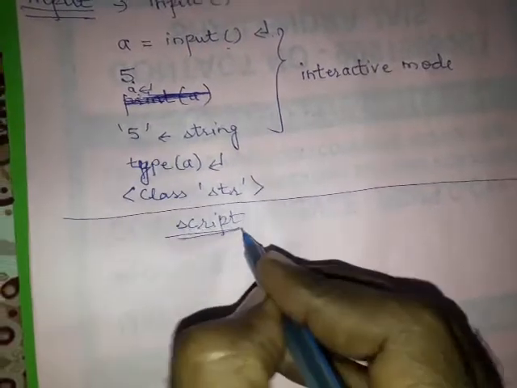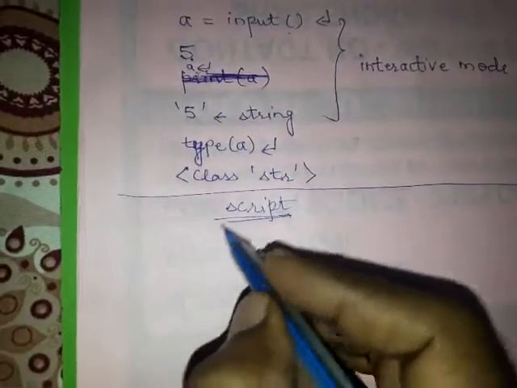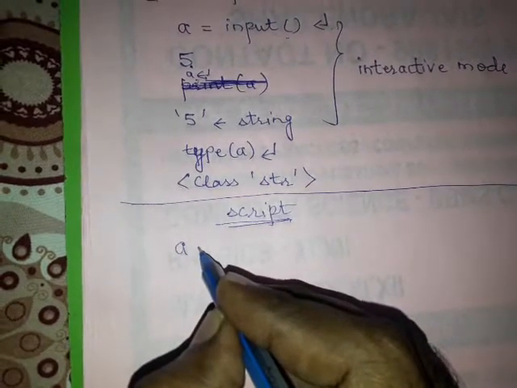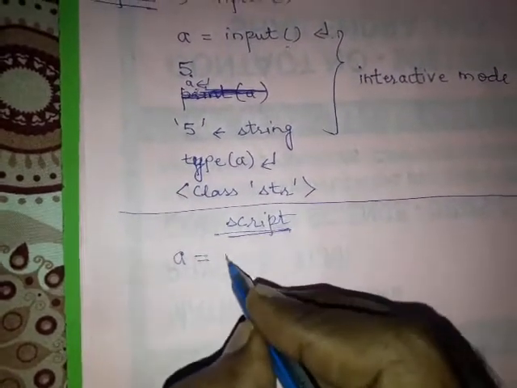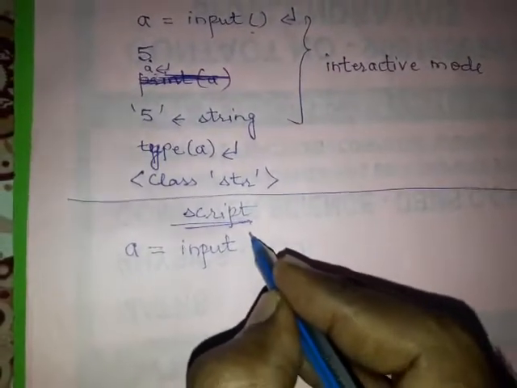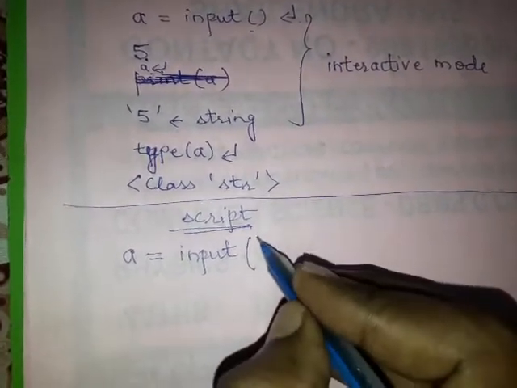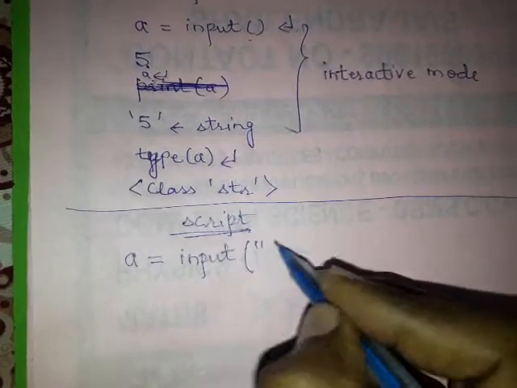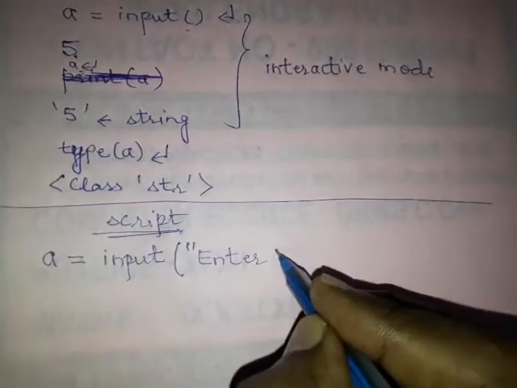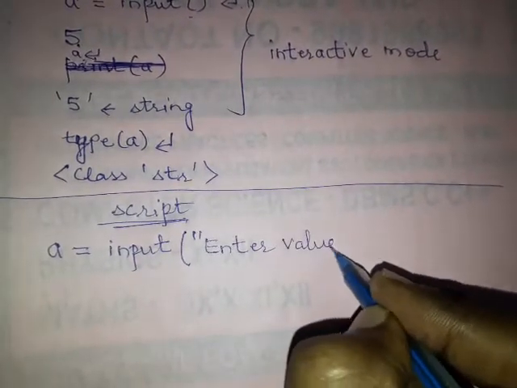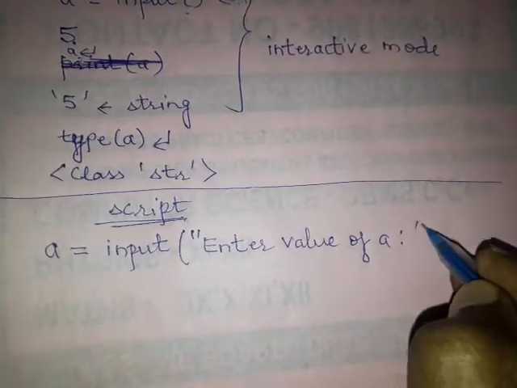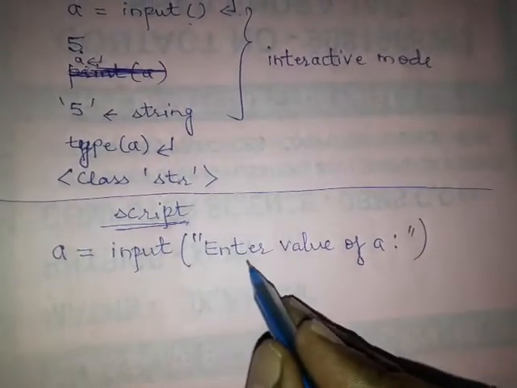Suppose I write a equals input. In input you can give a message to the user also. The way of giving a message is: enter value of a, colon, inside double quotes.